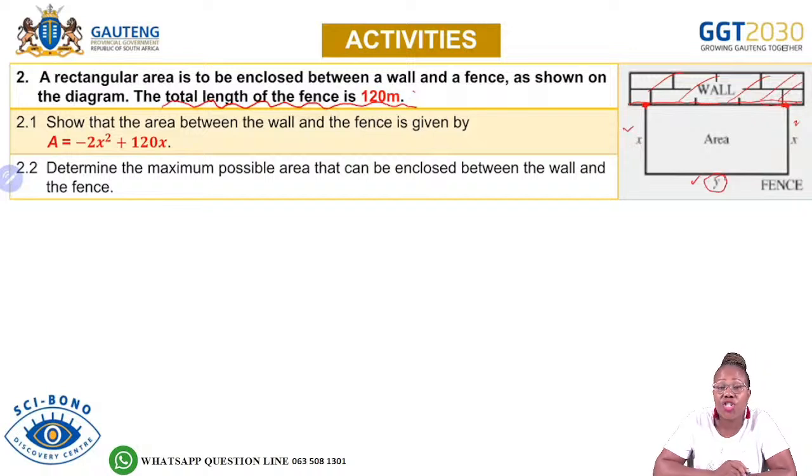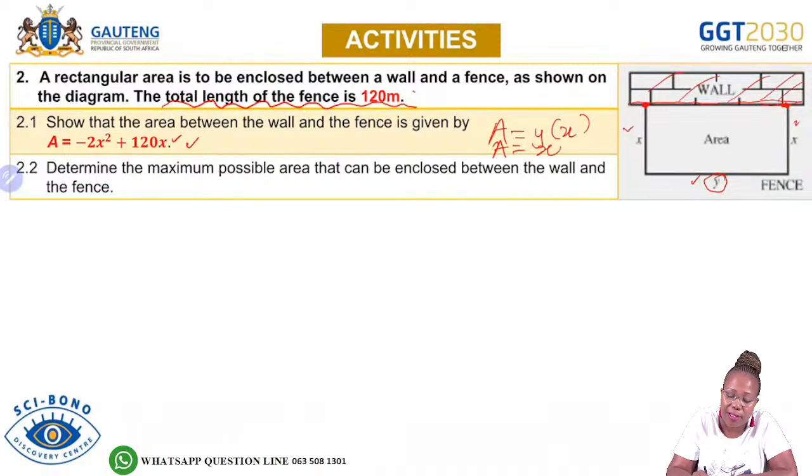Let's say we are changing y to be in terms of x, because the area is in terms of x. Do you get that? Because if you just go to the diagram and say, oh, the area will be length by breadth, which is y times x, so we'll end up with the area that is xy.